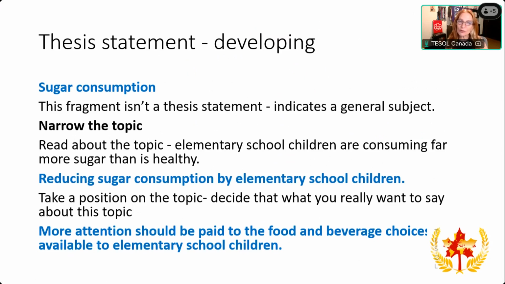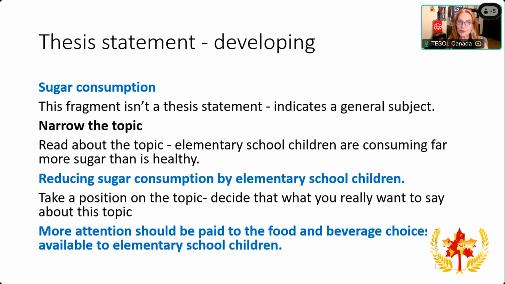So what are we aiming for, probably? Reducing sugar consumption by elementary school children. The problem is that the consumption of sugar is over what is recommended. Maybe you've read a research paper by a nutrition specialist. Then you're going to take a position on the topic.